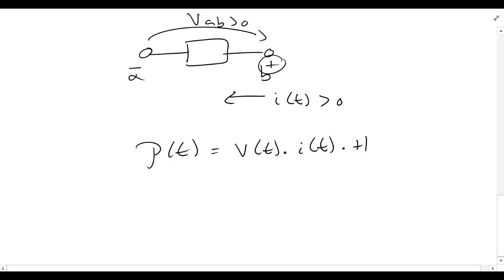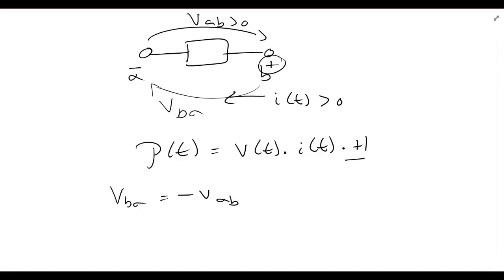Now which voltage? If you recall, there was also a VBA this way. However, we're using a convention that allows us to ignore VBA. Why? Because of this sign variable. VBA is negative VAB, but we'd like to start working only with positive numbers. That's something I said in the last video.